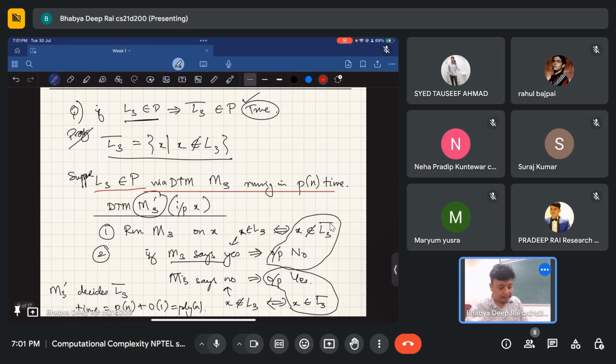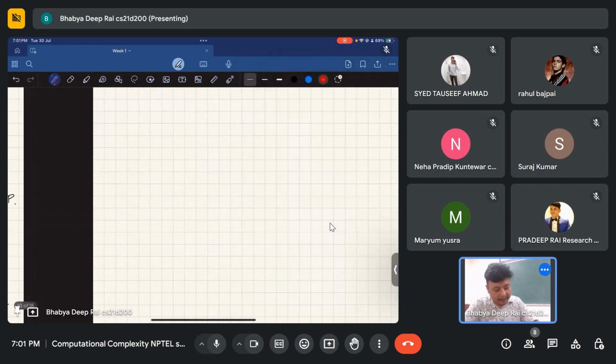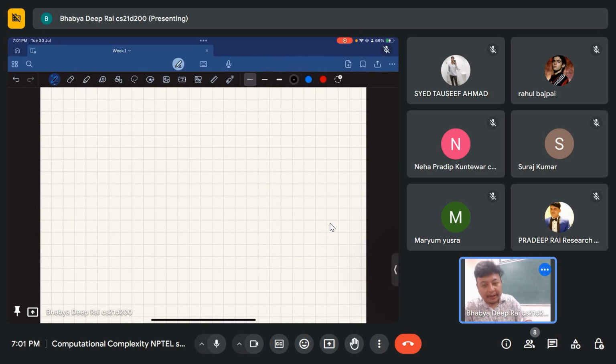Sure, no problem. So what we are doing is this. Firstly, what do we want to show? We want to show that L3 bar is in P. And how to do that?